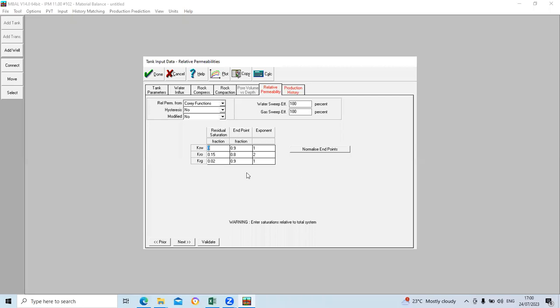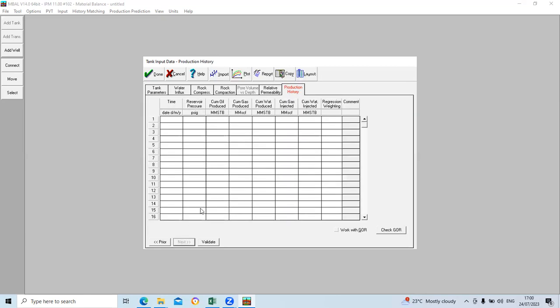So you can easily input all of these parameters. Then the software will use these parameters now. We have our residual saturation, we have our endpoint, and we have our exponent. Once you input these parameters, the software will use them to calculate the relative permeability of water, oil, and gas. I said most of these parameters are measured in the lab. So we go now ahead.